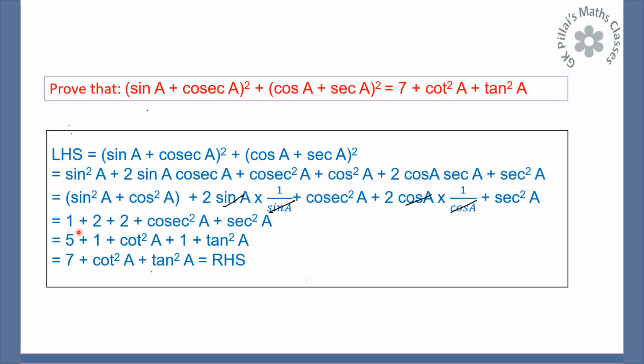This one we will write as 1. Now we will write 1 plus 2 plus 2 plus these two. Next step, instead of cosec squared a we will write 1 plus cot squared a, and sec squared a we will write 1 plus tan squared a. These are the identities. Now ultimately we are getting the answer 7 plus cot squared a plus tan squared a, which is the RHS.